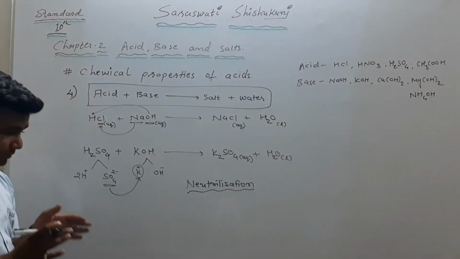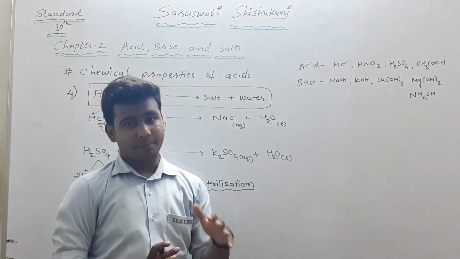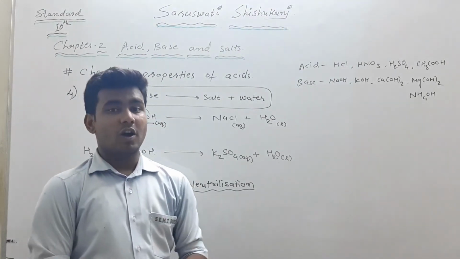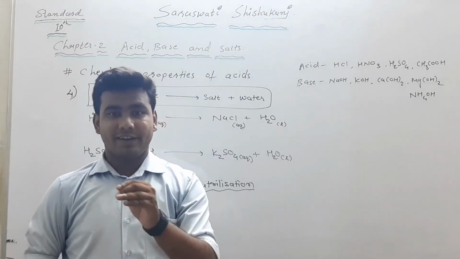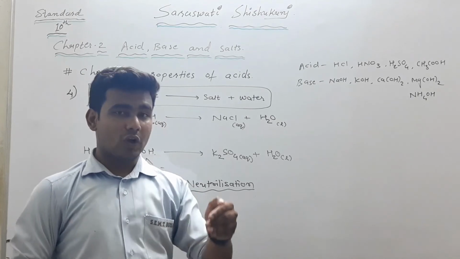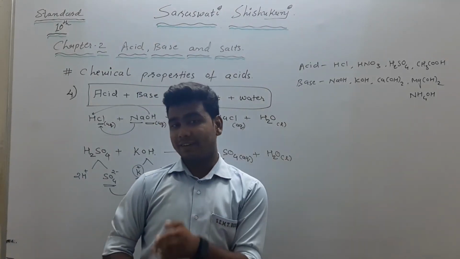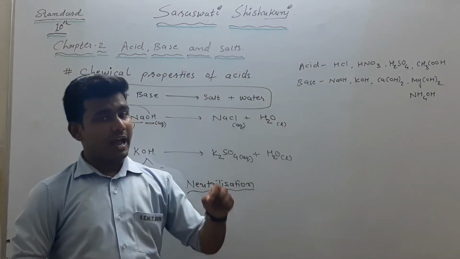So this way, in today's session, we have understood the normal concept of acid and base, and we have also understood the chemical properties of acid. In that, we discussed that acid reaction with metal gives salt and dihydrogen gas. Second, acid reacts with metal oxide, which gives us salt and water.